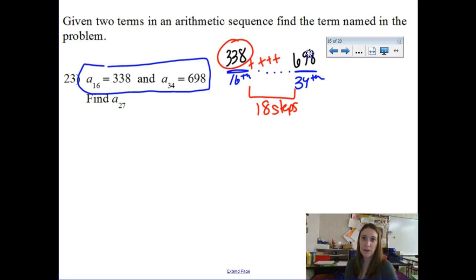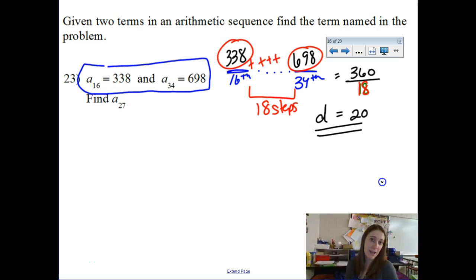So if I look at the numerical difference, if I subtract those numbers, I think I already did. I don't know what I did. 360 or something? Yeah. So that's 360 as far as how far away they are, but over 18 steps. So 360 divided by 18 is a difference of 20, which means that is my common difference.